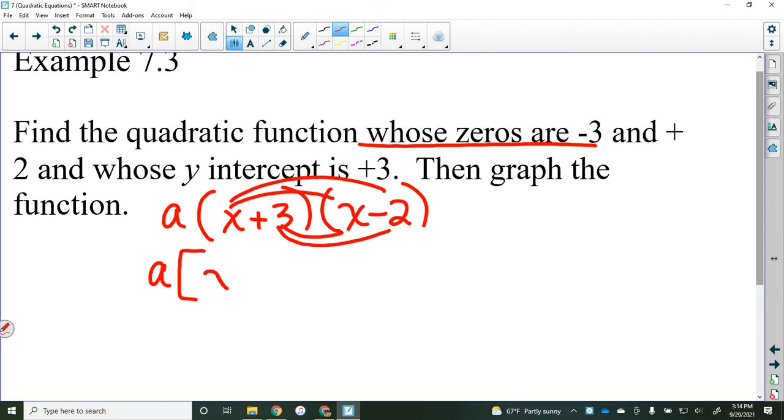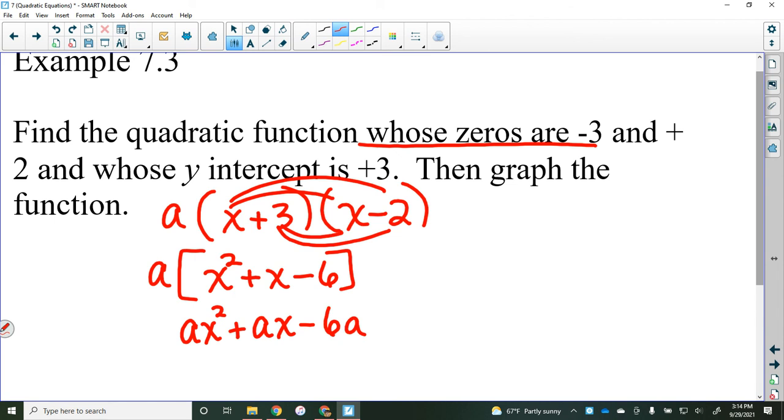That's gonna give us what? X squared minus 2x plus another 3x would be 5x, 1x minus 6. So you get ax squared plus ax minus 6a, right?